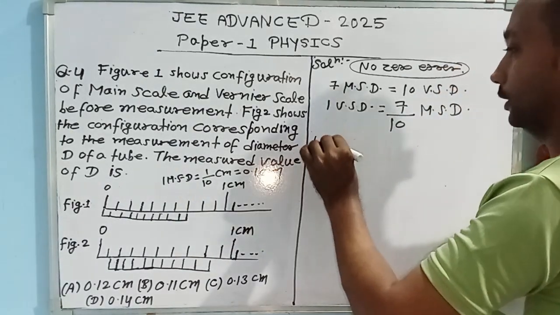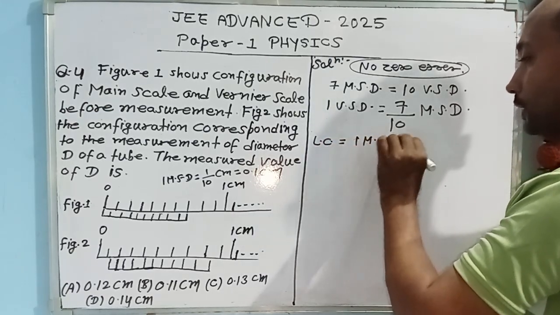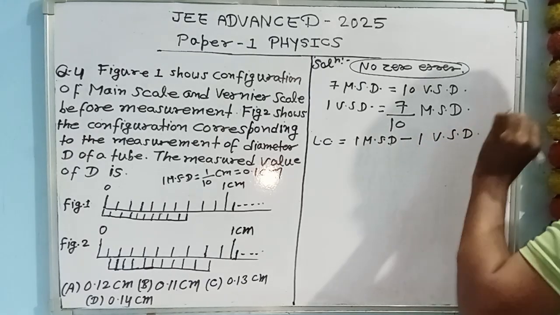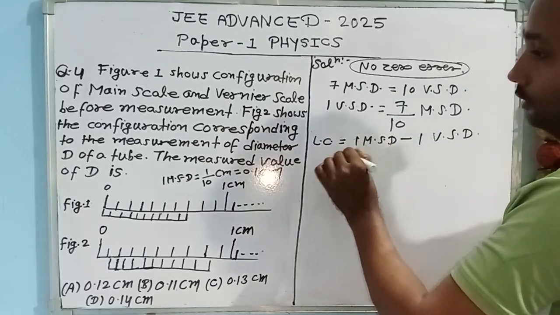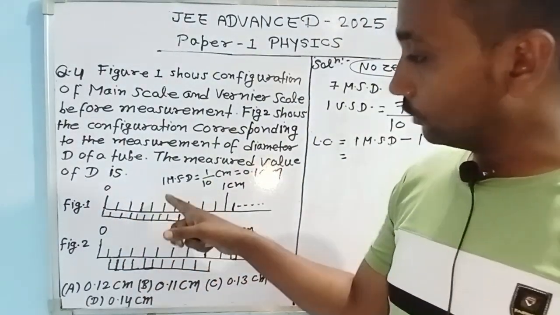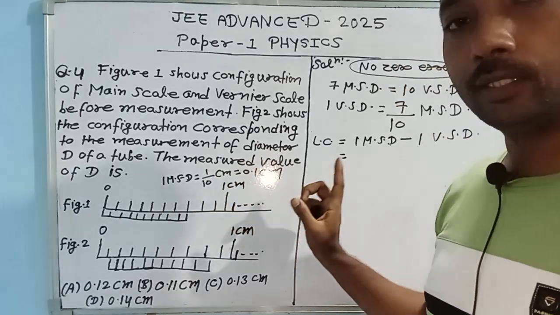We know that least count is equal to 1 main scale division minus 1 vernier scale division. From the figure, it is clearly seen that 1 main scale division is equal to 1 by 10 centimeter, which is 0.1 centimeter.